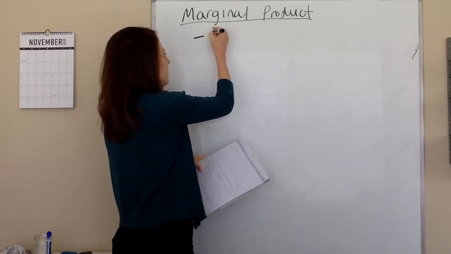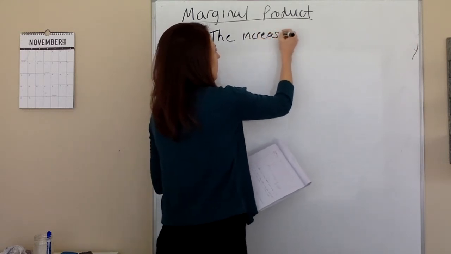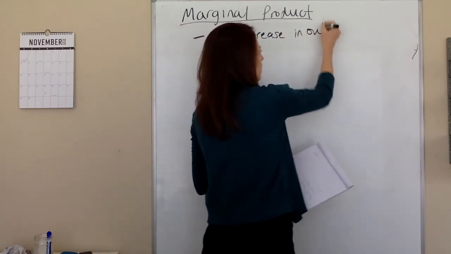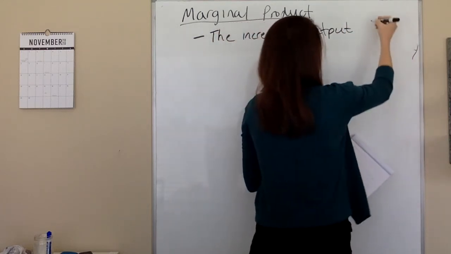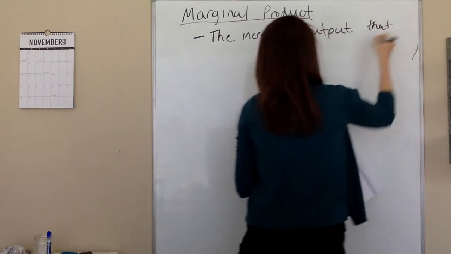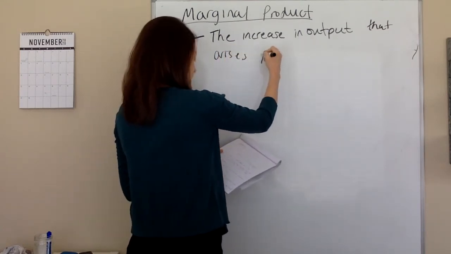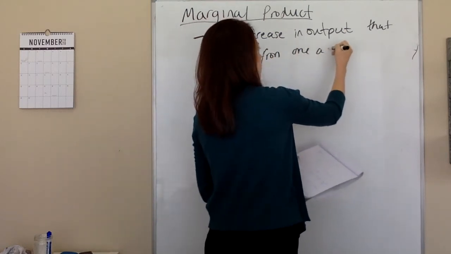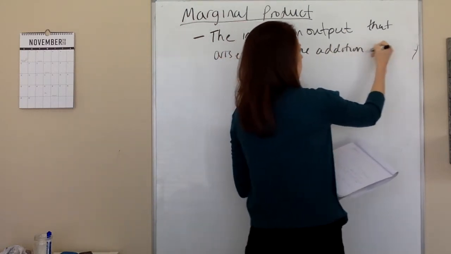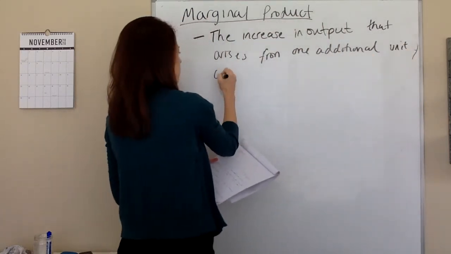So marginal product is the increase in output, which in our example was the increase in widget production, that arises from one additional unit of input being used.